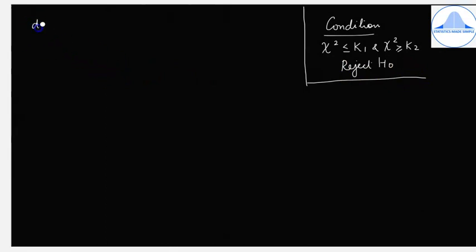So let us find out the degrees of freedom for this particular problem. It is n minus 1, which is 5 minus 1 equal to 4. From the chi-square tables, you can get the values of K1 and K2 for 5% level of significance for 4 degrees of freedom.